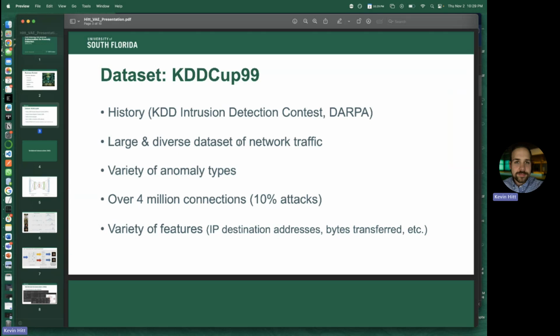This data has a lot of diverse network traffic with a nice imbalanced source of anomalies, with over 4 million connections and a variety of features. So this is going to be good data for benchmarking anomaly detection, and this data set has somewhat become a cornerstone for exactly that.